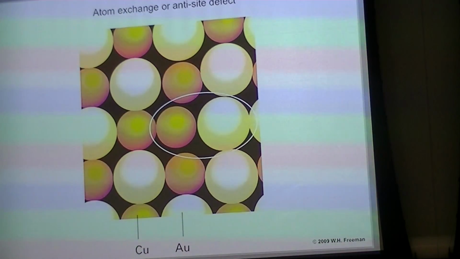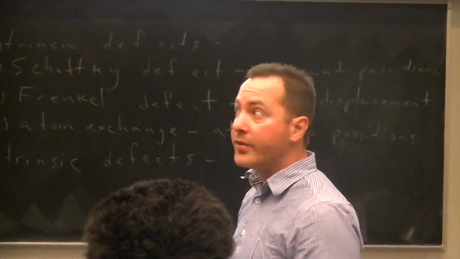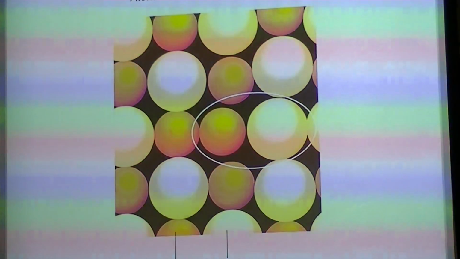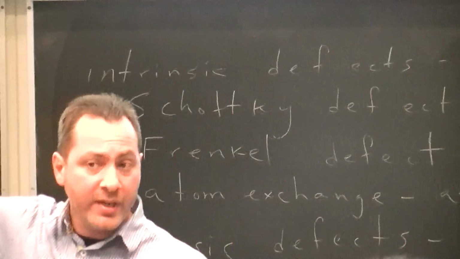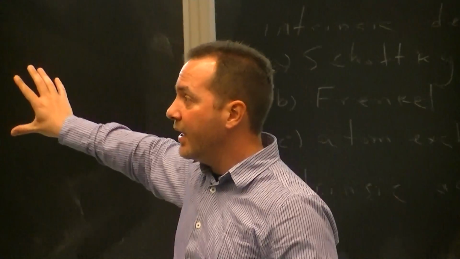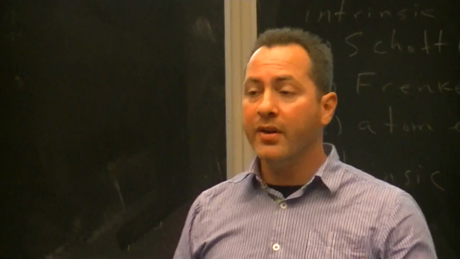This kind of defect, as you can see here in copper, in the alloy of copper and gold, is very common for alloys, in which this kind of flipping or exchange can occur. These are the three main classes of defects, and as I was telling you, they are abundant in solid structures.